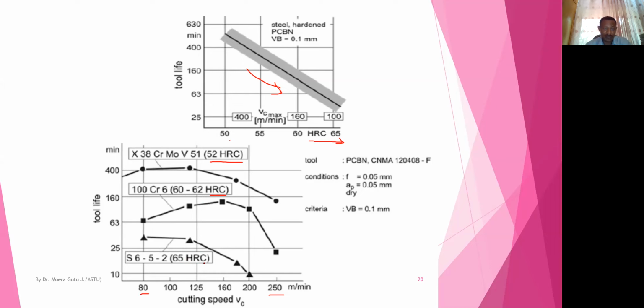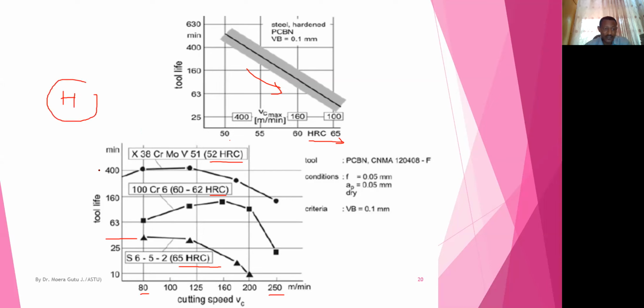So when you machine the harder material, when you compare 52 and 62 and 65 Rockwell hardness number of these chromium materials, the tool life is limited up to this for the hard material. So machining less hard materials, from the last equation I've shown you, the tool life is directly related to the hardness of the workpiece material.